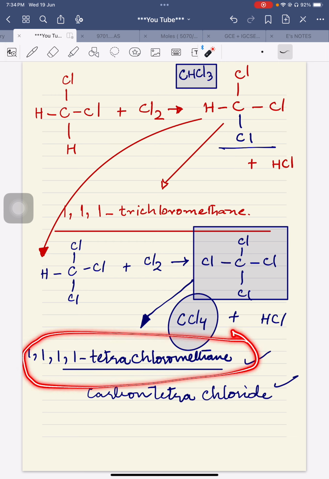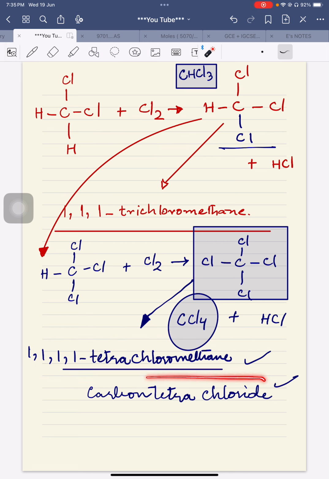But the other name is the common name. We write it when practicing generally, when the examiner says carbon tetrachloride is the product, so you write CCl4. These are the things you should keep in your mind. Now I am going to change the page and take you to another example so that you may have a better idea regarding this.